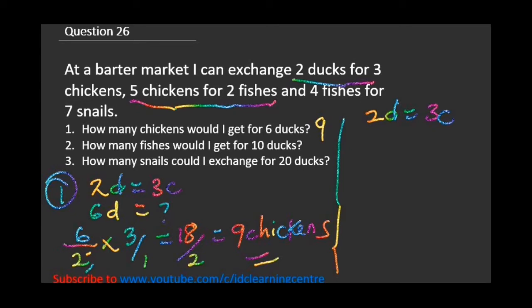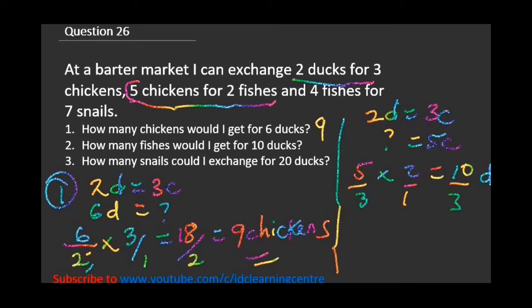Let's find out how many ducks are in 5 chickens. How many ducks equal 5 chickens? If 3 chickens will give us 2 ducks, 5 chickens will give us more. If more, less, under. 5 over 3 times 2 over 1. So it will be 10 over 3 ducks.